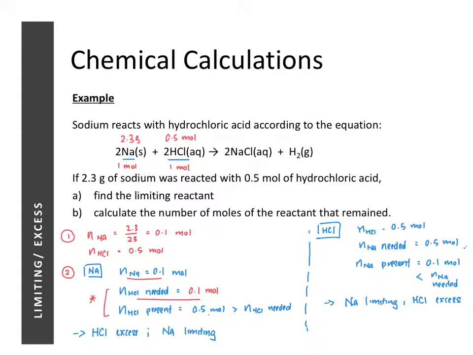Since we have 0.5 moles present, the number of moles of HCl remaining will be equal to the number of moles present minus the number of moles needed. That will give us 0.4 moles of hydrochloric acid for part B.